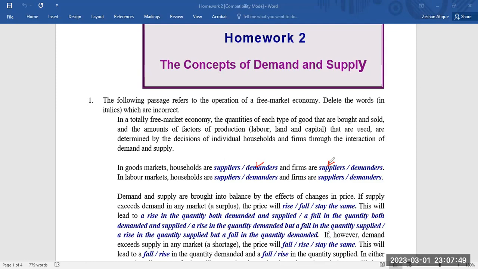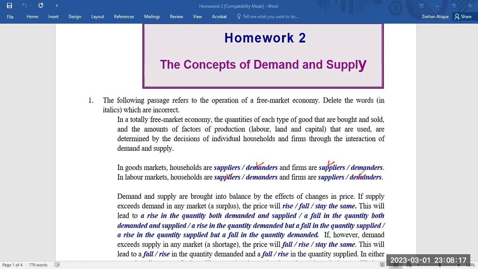The people belonging to households who go to the market are supplying their labor. They want to work; they are supplying their time and their efforts. So in the labor market, the households are not demanders, rather they are suppliers. The firms take the opposite role: they are the demanders in the labor market, whereas they are the suppliers in the goods market.